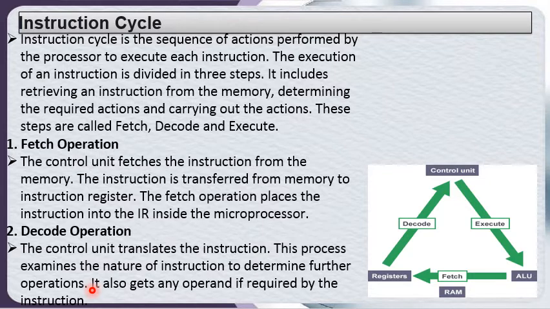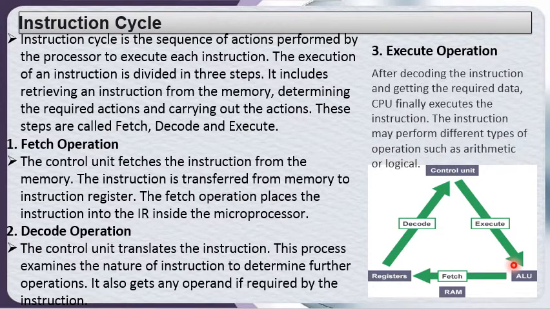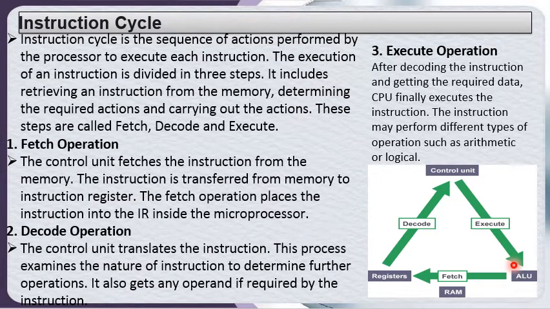The third operation in our instruction cycle is the execute operation. Whenever the decode is done by the control unit, the control is transferred to the ALU, and the instructions which have been decoded are sent to the ALU.